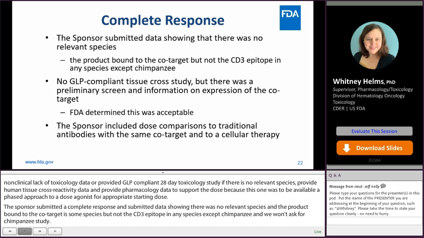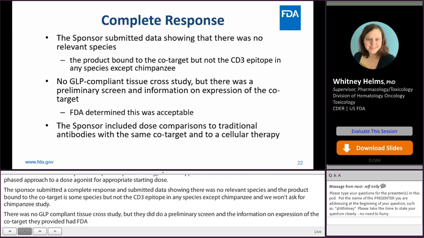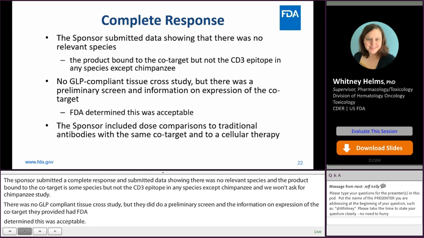And finally, the sponsor included some dose comparisons to traditional antibodies with the same co-target and to a cellular therapy. They also provided some proof of concept data that included humanized mouse models.